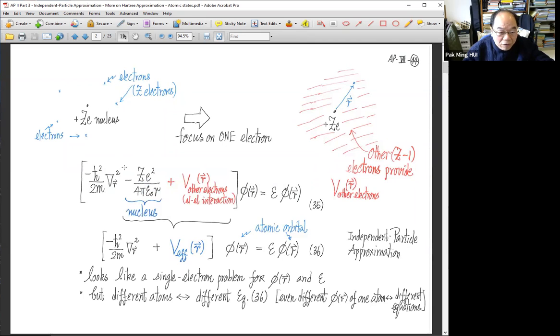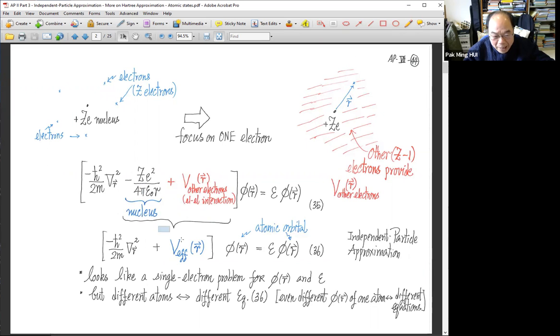Now, if I combine this attractive, negative term from the nucleus and this repulsive term from the other electrons, it looks really like a single electron problem.